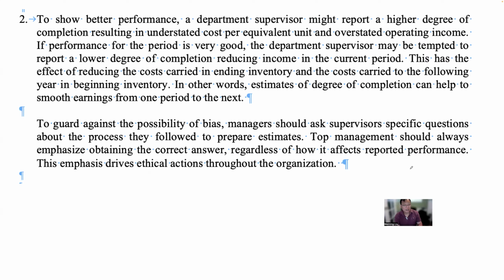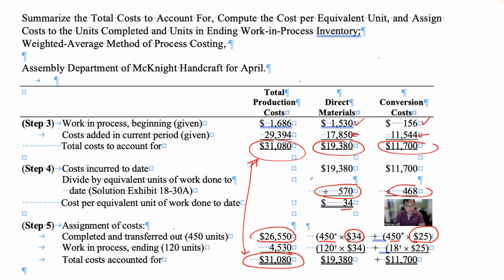So this is the way our observation works. If the supervisor wants to show better performance, this is a trick you can do, right? This cost here is in the inventory, on the balance sheet.